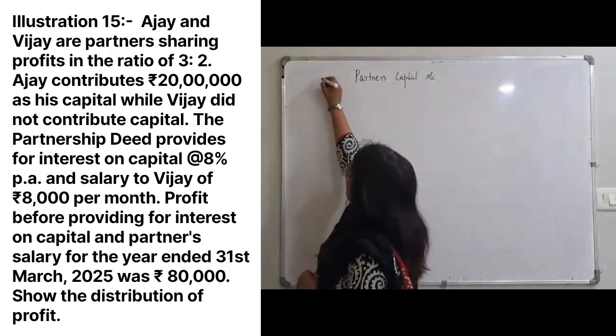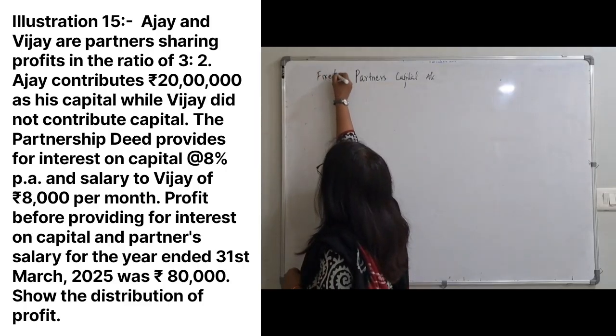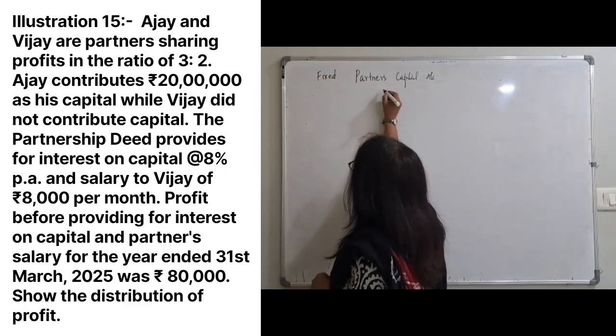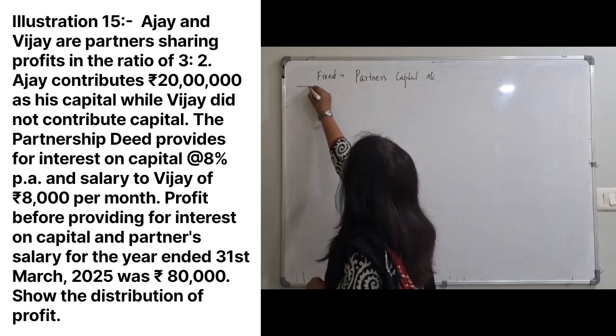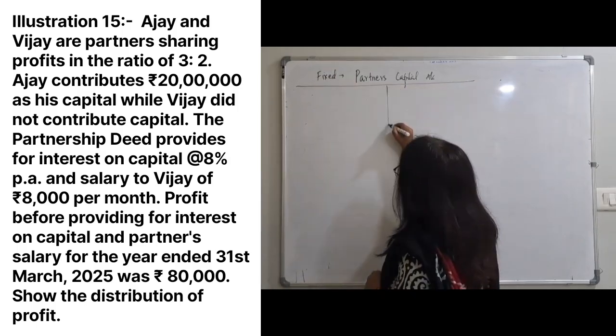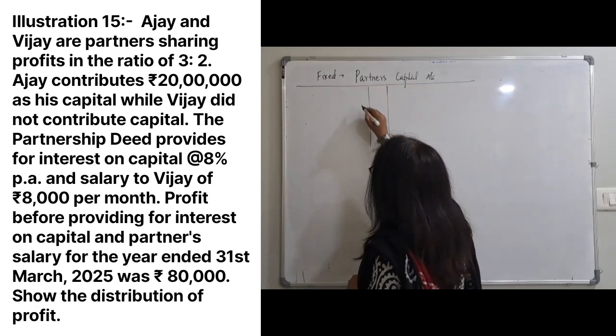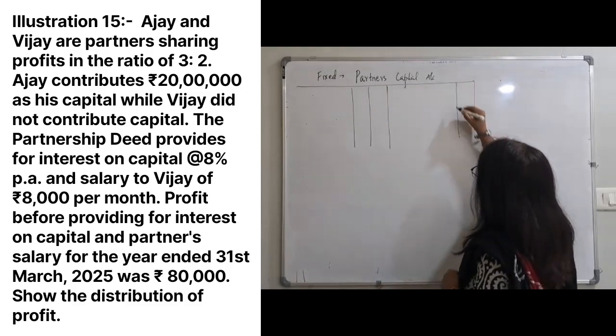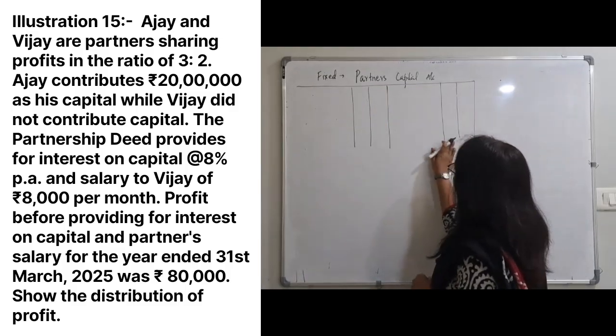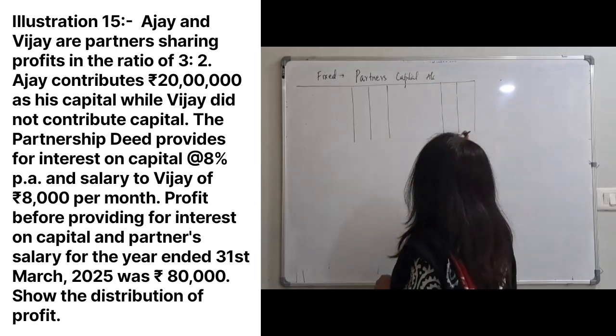We are talking about fixed partners' capital account. The first account will be partners' capital account. Suppose there are two partners. This is how the ledger will look.